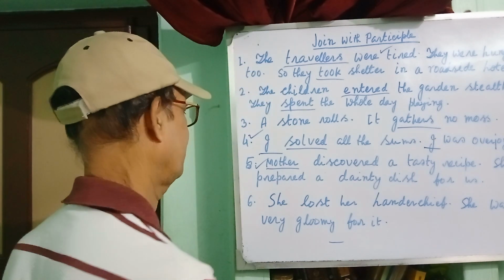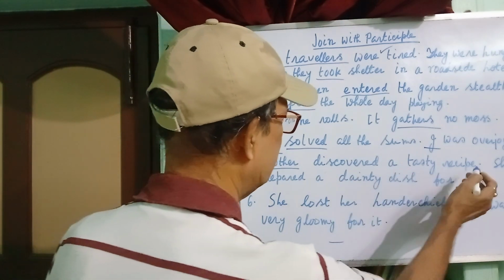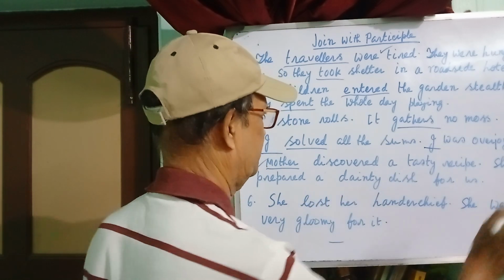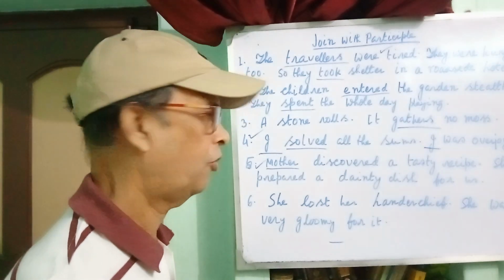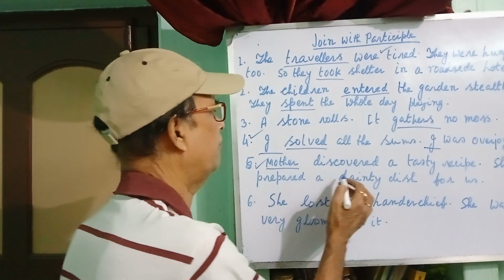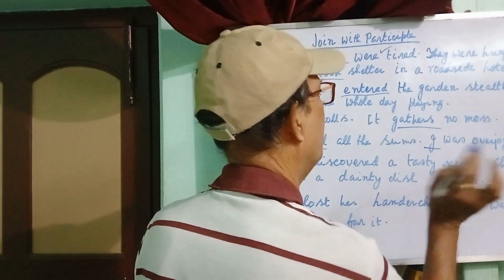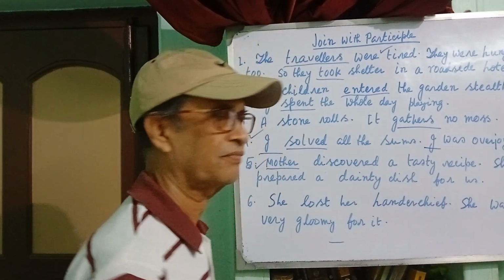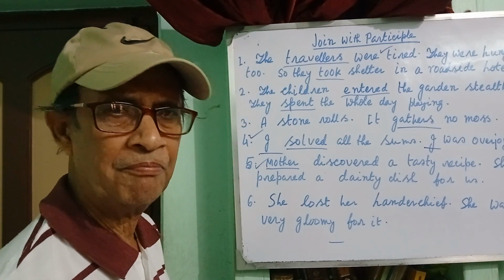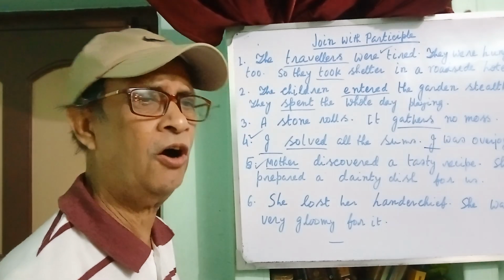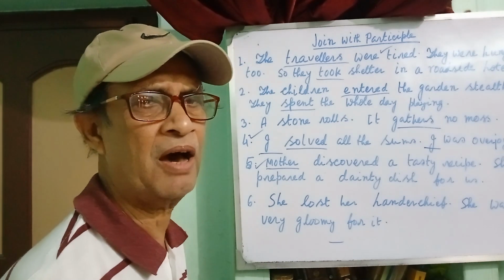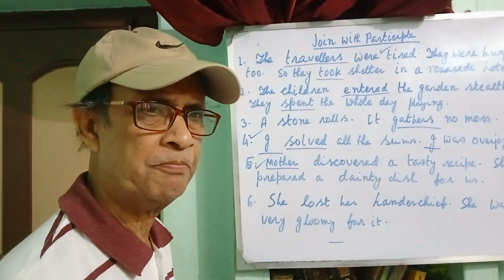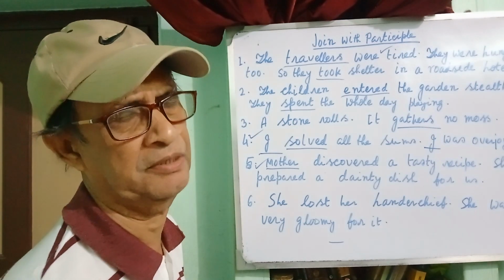For example, discovering a tasty recipe, comma, mother prepared a dainty dish for us. Okay? Or having discovered a tasty recipe, comma, mother prepared a dainty dish for us. Either having plus past participle of the verb, or the present form of the verb plus ing. So you may use perfect participle or present participle.